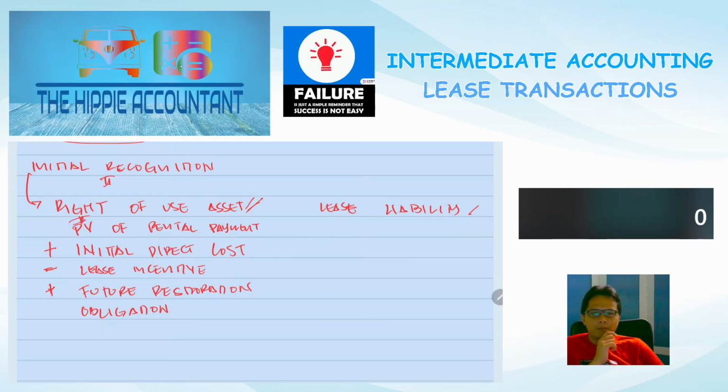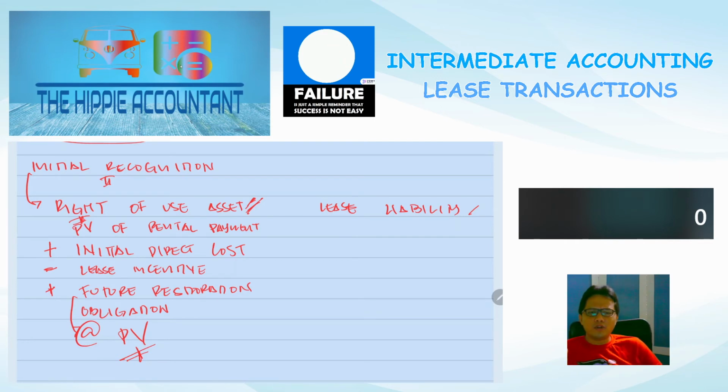Okay? That will form part to your right of use asset at present value. Okay? At present value.